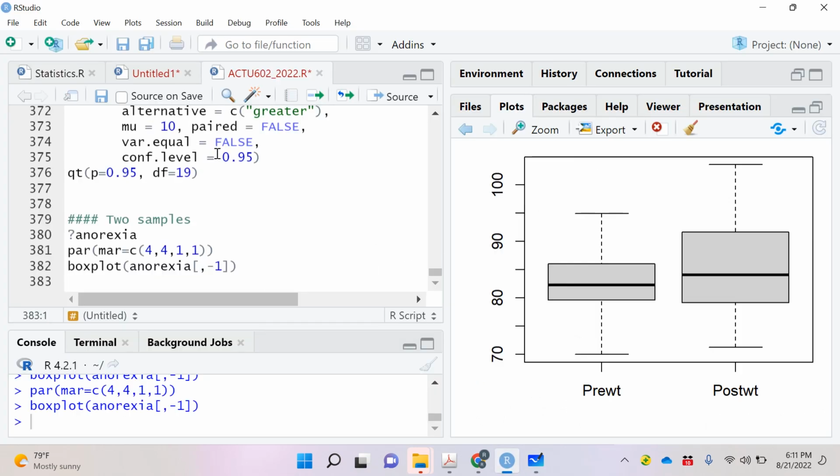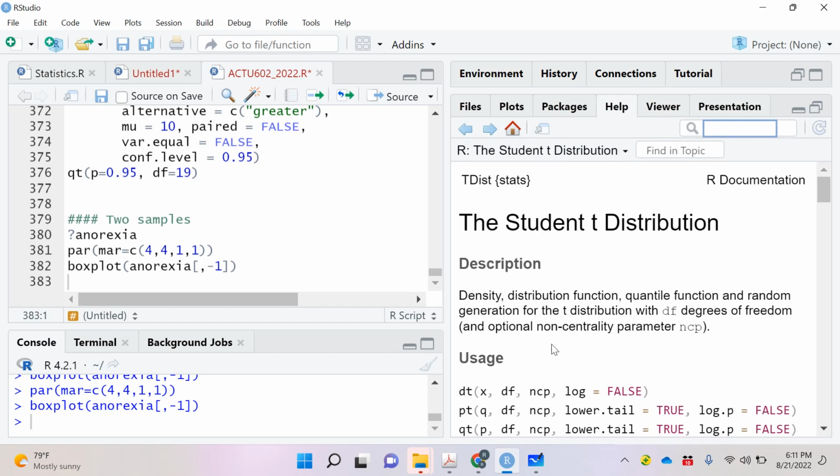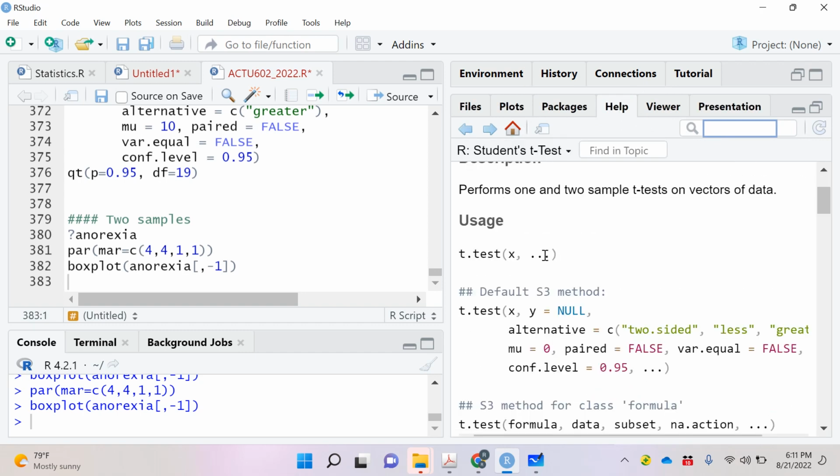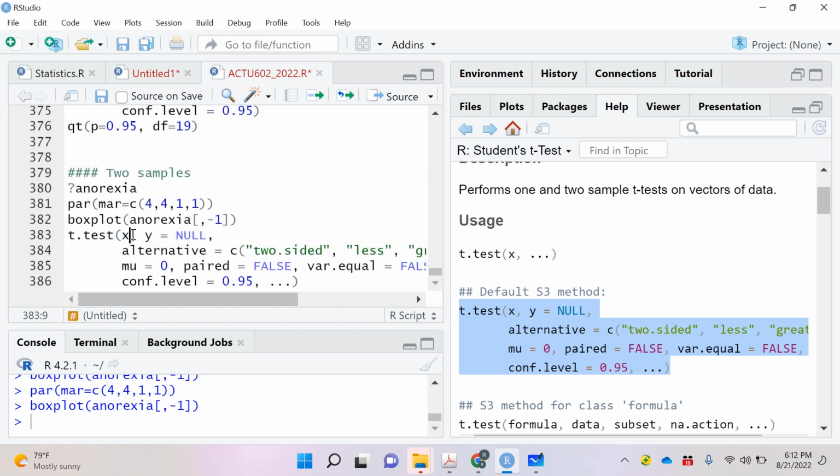So now at least we know what we expect. Let's go to help files and copy the t-test again. So I copy the t-test again. Okay. Now, what is x? X, we can say is anorexia, and because this is the data frame, we put this there.